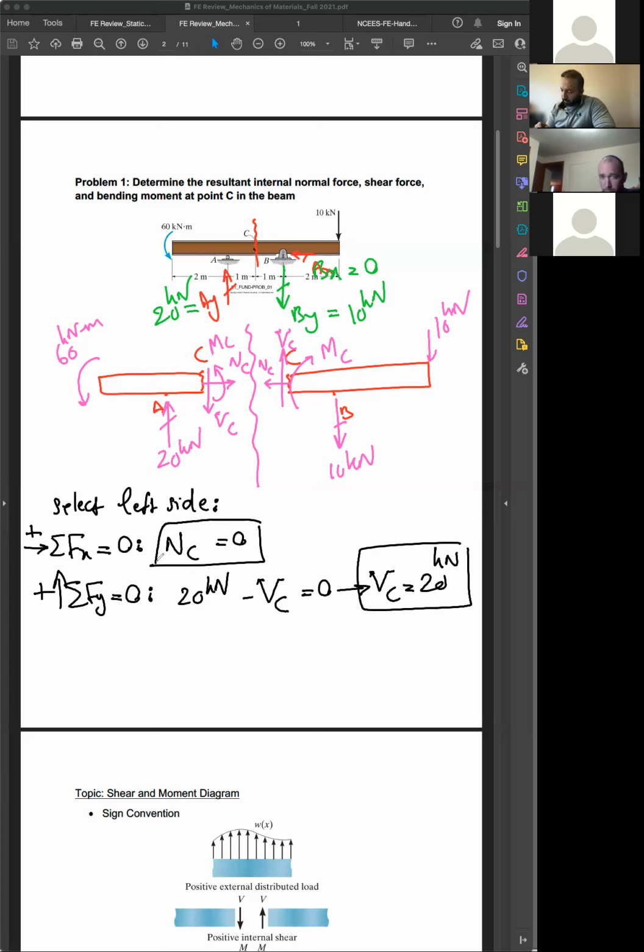All right. And then summation of moment. Usually the point that you have cut would be a good point to select, the moment about point C equal to 0, this direction positive. So what do I have? I have the 60 here, positive. You have the 20 about C would be clockwise, so negative. The arm for that, this distance is 1, right?